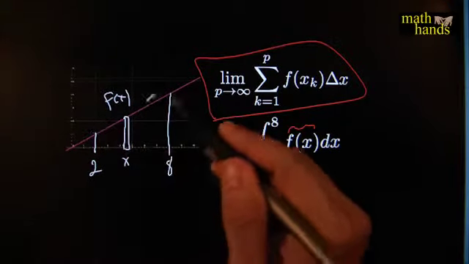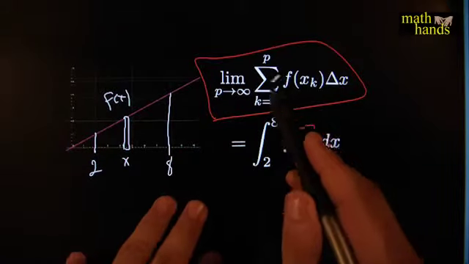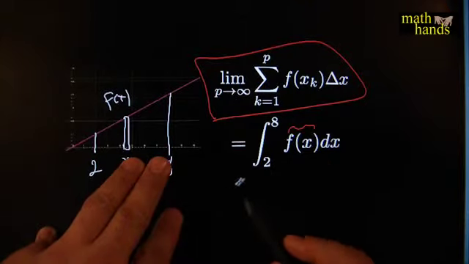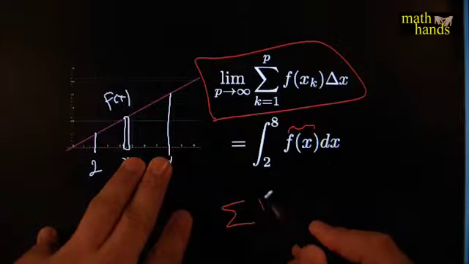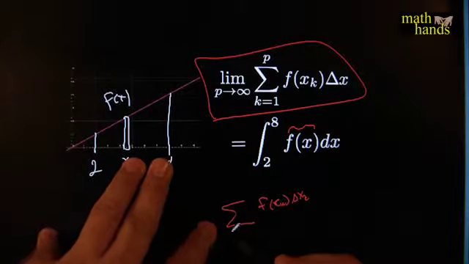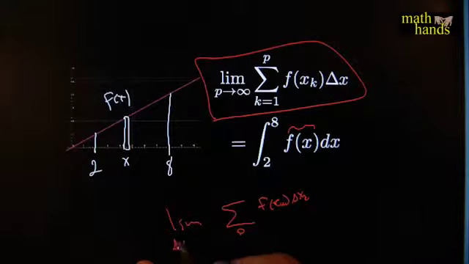We took the optimal case when the function is nice and continuous and all that. The more general case, if you're consulting other books, won't look like this. It'll look something like the summation of f of ck delta xk over the set of all partitions, and you take the limit as the absolute value of the partition goes to 0.